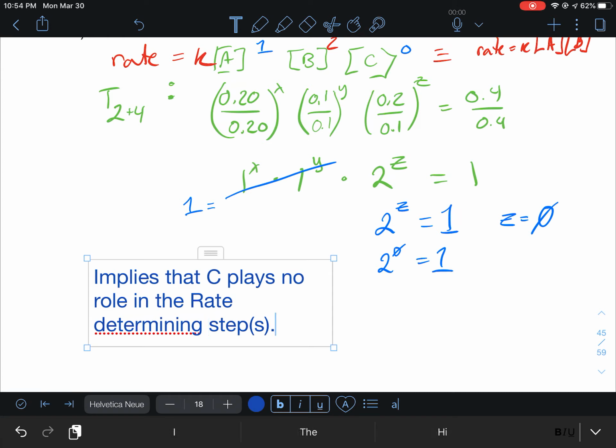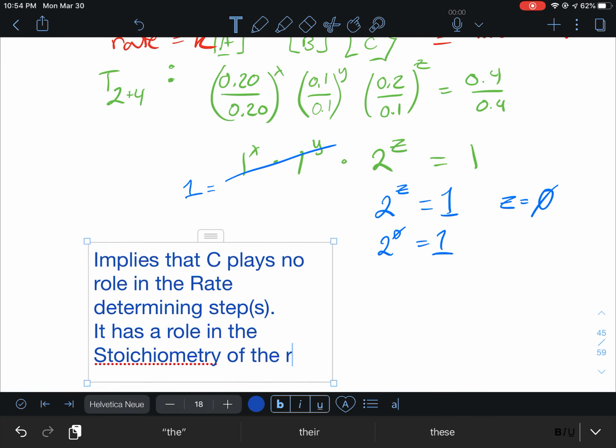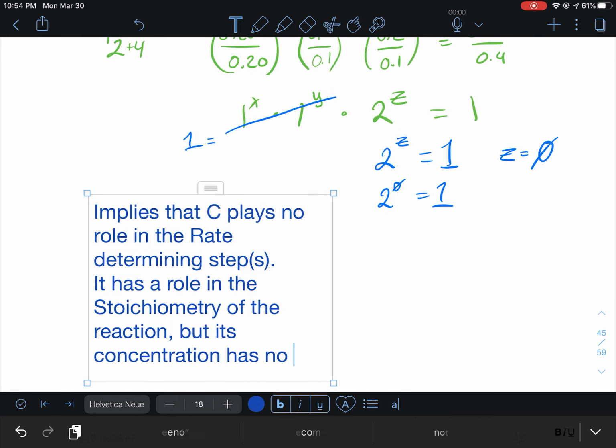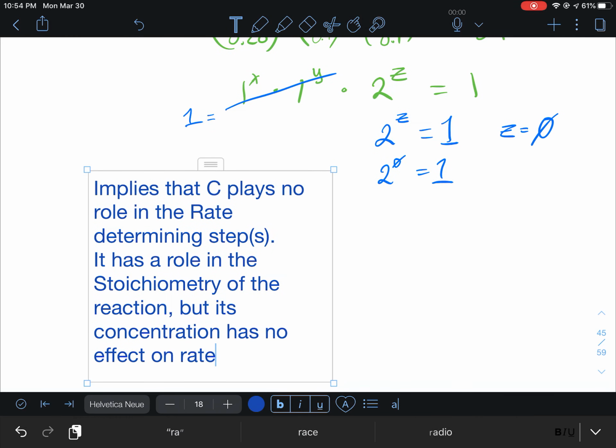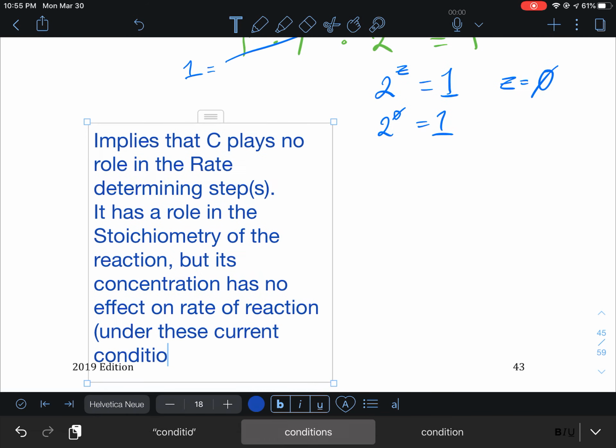And this means that it has a role in the stoichiometry of the reaction, but its concentration has no effect on the rate of reaction under these current conditions.